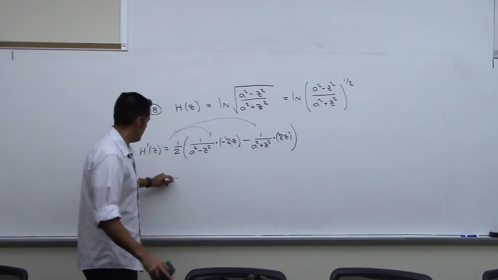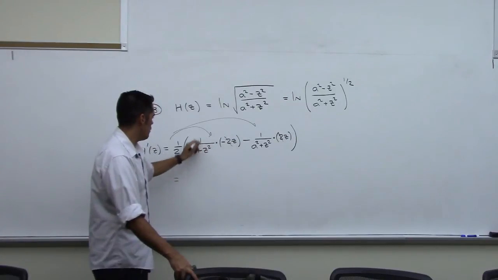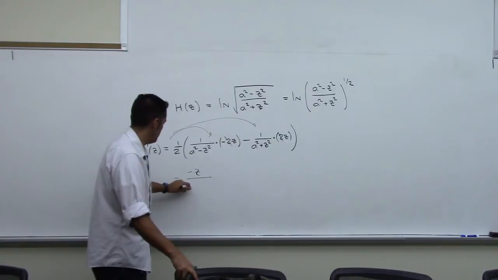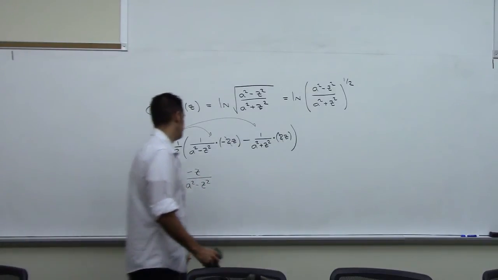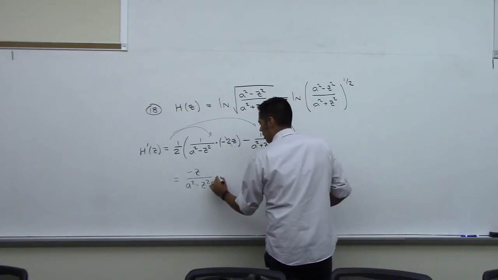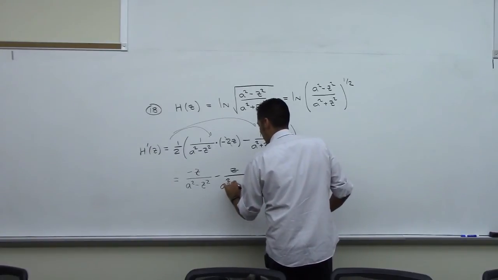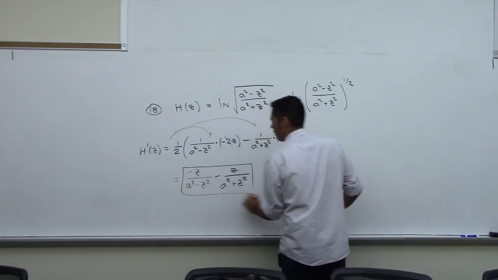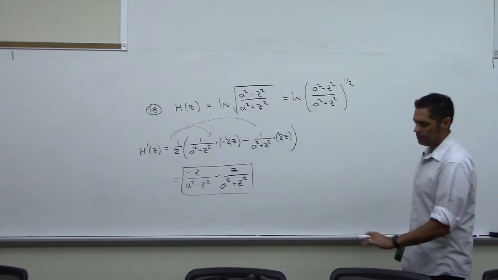So I should have just the negative z that was here over this. So negative z over a squared minus z squared. And then I'm going to have a minus, and then here I'll have a z. So minus z over a squared plus z squared. I'm happy with that.